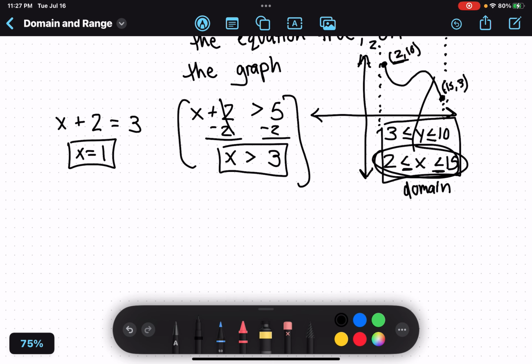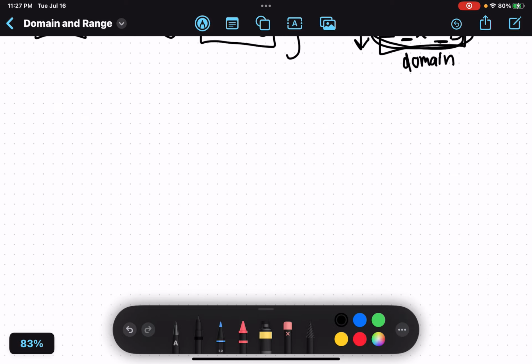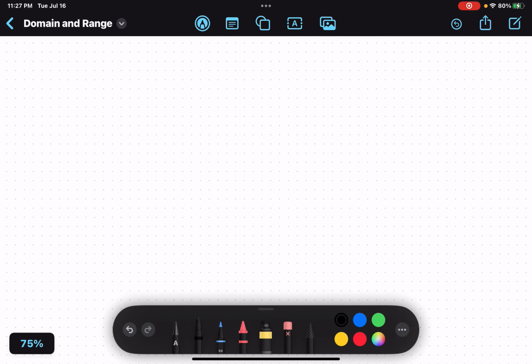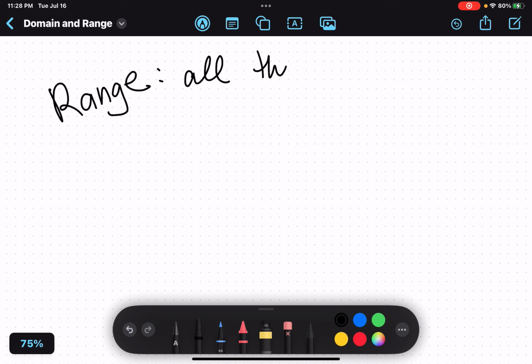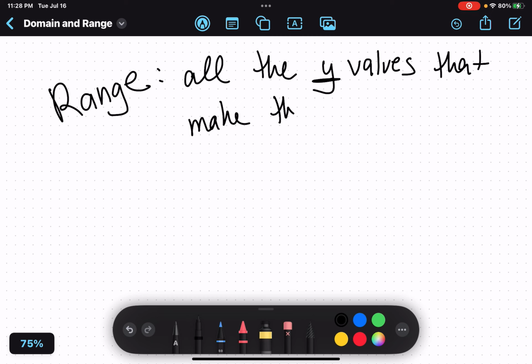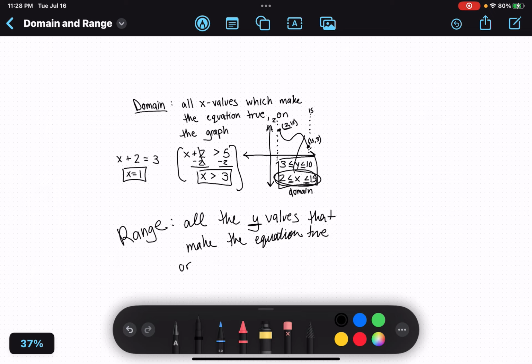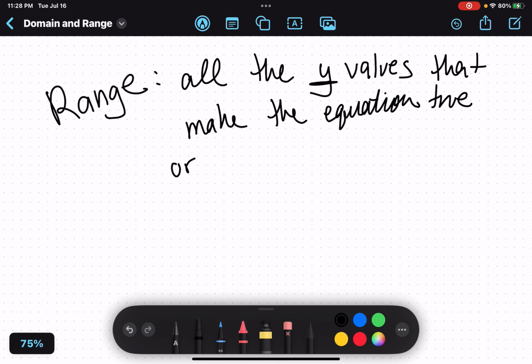And you guessed it, if you couldn't already tell, the range is all the y values that make the equation true or, like we said in this definition, are on the graph.